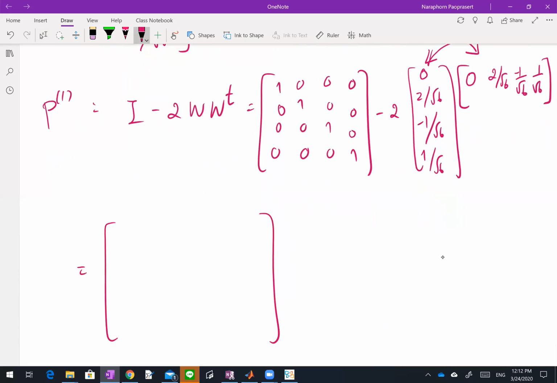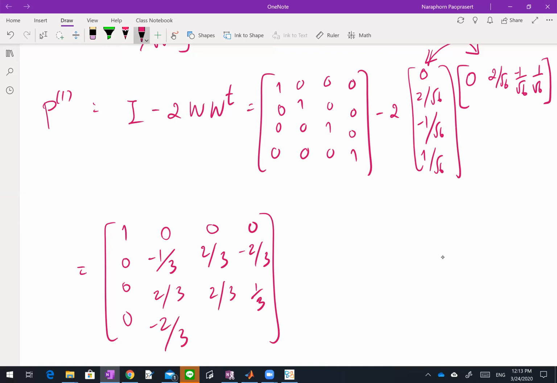Eventually you're gonna have 1, 0, 0, 0, 0, 0, 0, and this is minus 1/3, 2/3, minus 2/3, 2/3, 2/3, 1/3, minus 2/3, 1/3, and 2/3.